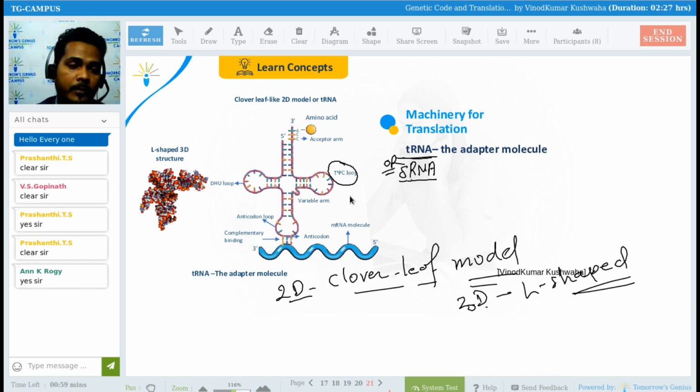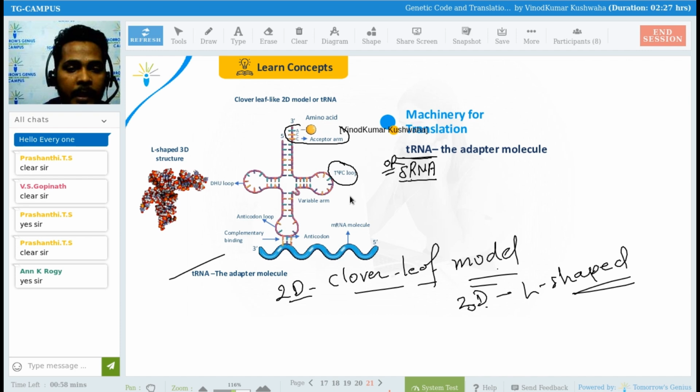So mostly questions are asked on the clover leaf model. So what is this clover leaf model? Here you can see the tRNA binds with a particular amino acid at its amino acid acceptor end. What is the amino acid acceptor end? It is CCA. Can you find the CCA over here? Yes, it is over here, right?